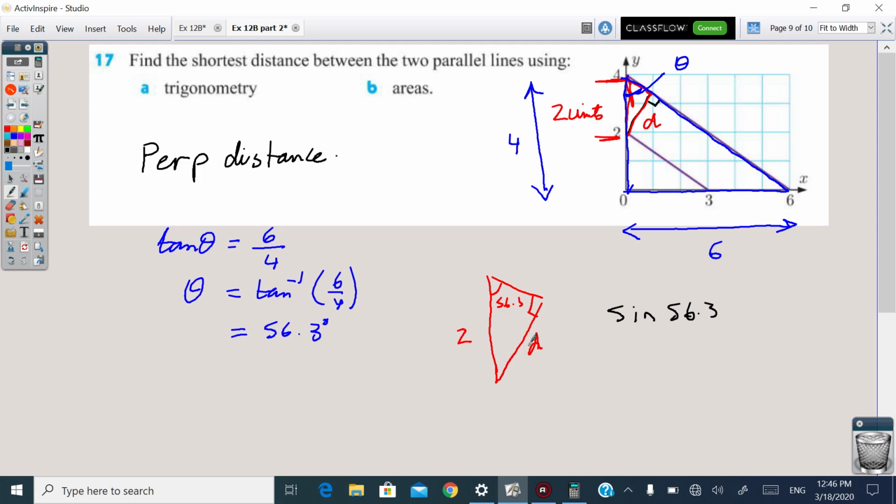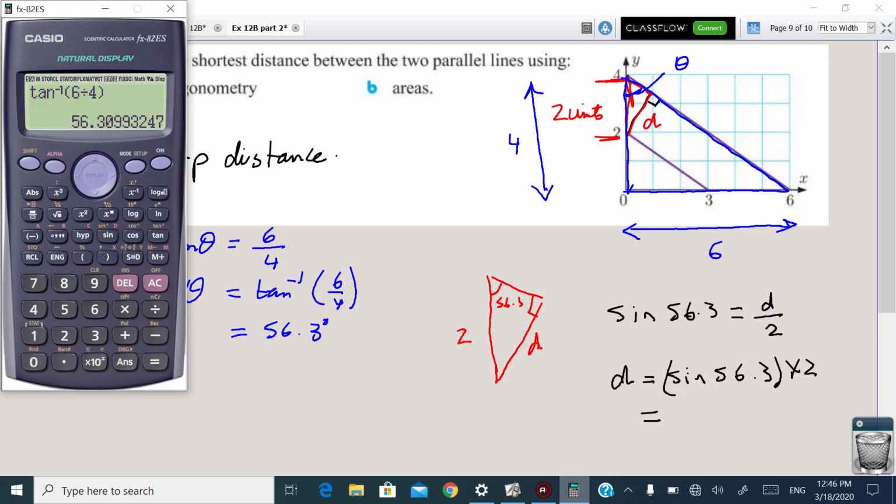Sine 56.3 is the opposite over the hypotenuse, which is the 2. So D equals sine 56.3 times 2, and this equals 1.66 centimeters.